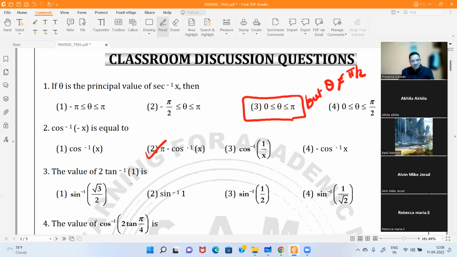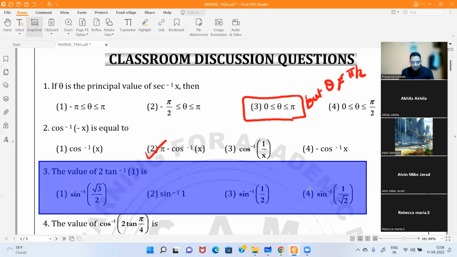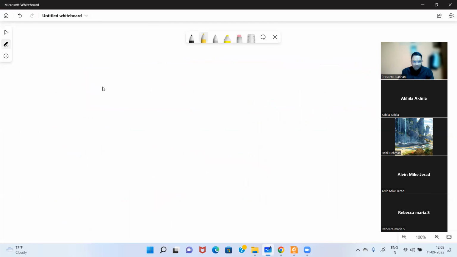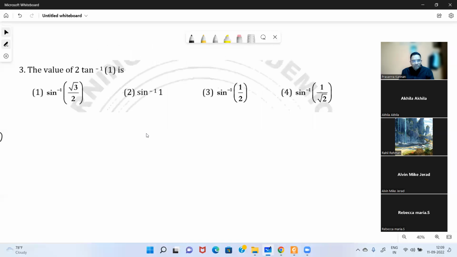2 tan inverse 1. What is 2 tan inverse 1, from the given options? What is tan inverse of 1?